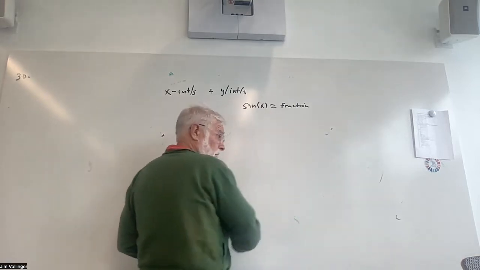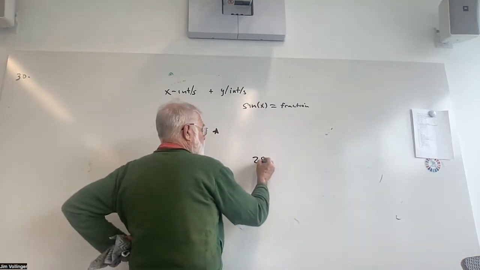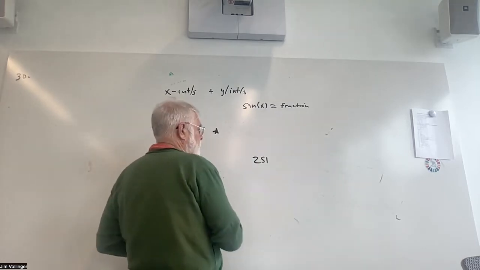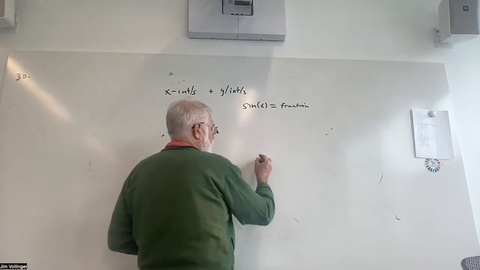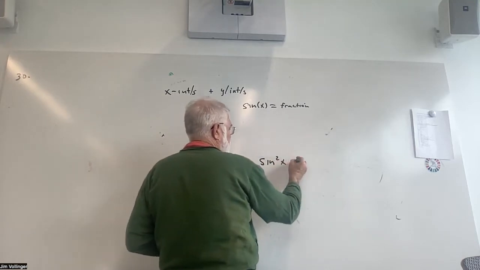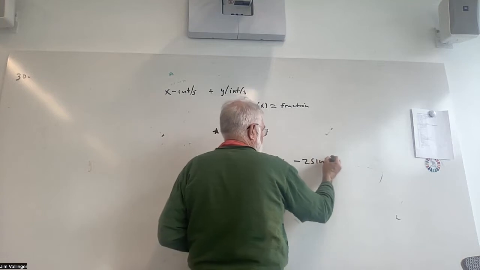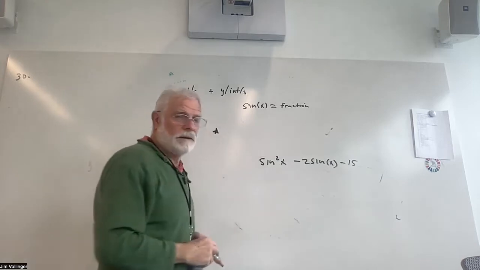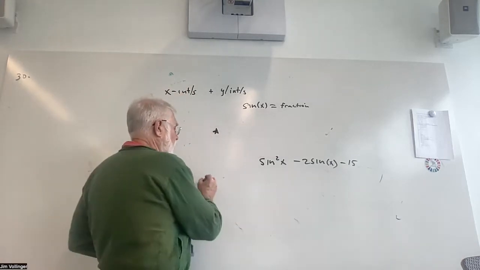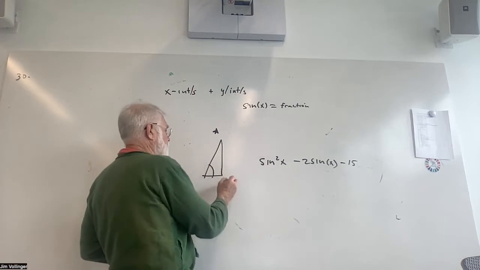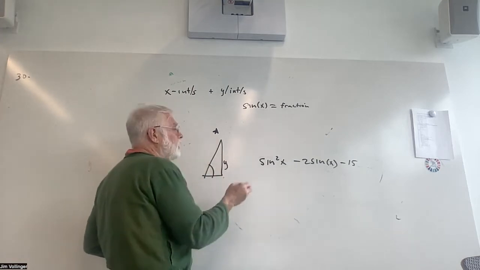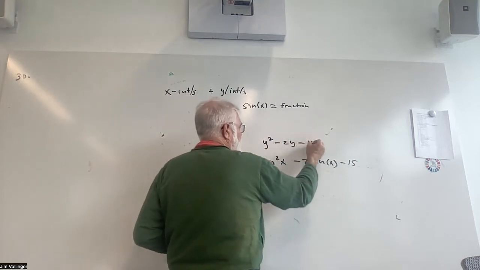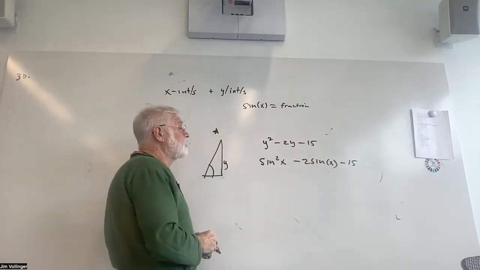Let's just try sine squared x minus 2 sine x minus 15. Again, you can always think of the sine function as you go around the circle as a y. So you could have looked at y squared minus 2y minus 15 as a clue as to where to go with this.